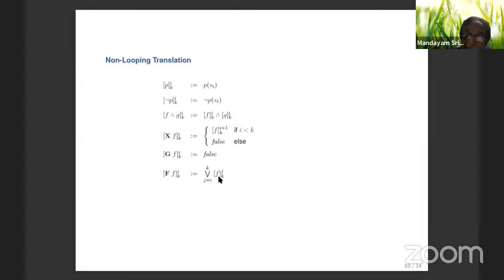And for each of the next recursive translations, it will be a formula, and that formula will of course depend on what it is for G. So for example, if you have F of X, it will be a disjunction of whatever formula you get for X of F at the various positions. So it's a nested formula as well, okay?